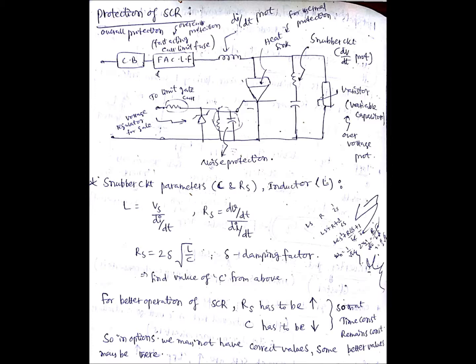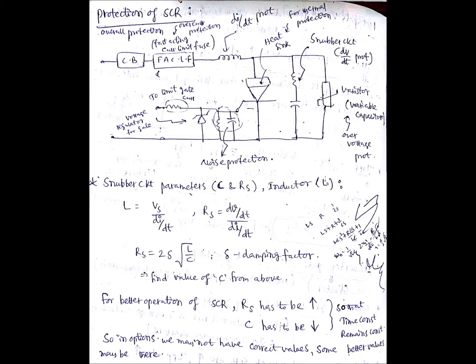In some typical problems or options, you may find the solution may not be there. In that case, how to choose the proper value of option? Basically, for better operation of SCR, Rs has to be increased, capacitance has to be decreased, so that the time constant remains constant.